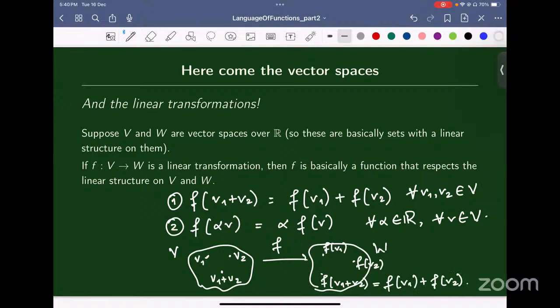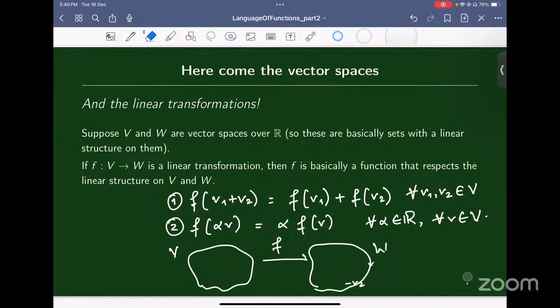This is the meaning of saying that f respects addition. It doesn't matter whether you do addition first and then apply the function f, or whether you first apply the function f to these vectors and then add them up. The result should be the same. The same goes for scalar multiplication.